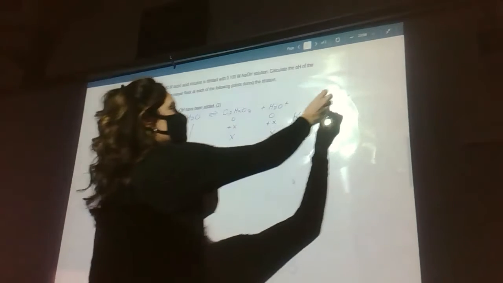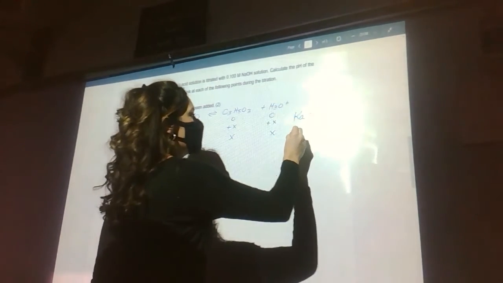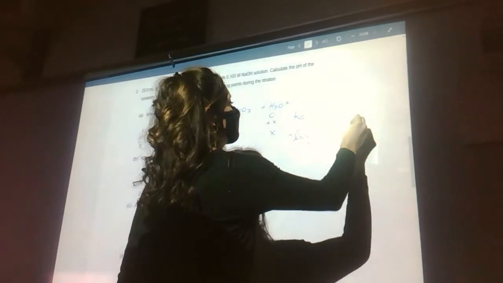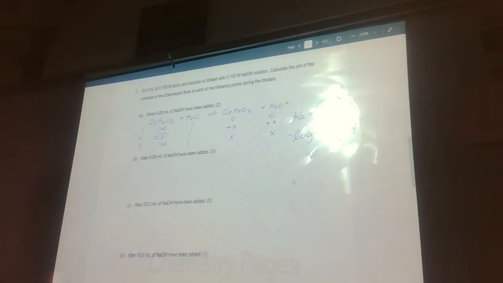You solve this for X, and then X is hydronium, so you take the negative log of X, and that will give you the pH. That's how you find the pH of a weak acid. And that's all it is before the titration starts. Questions?